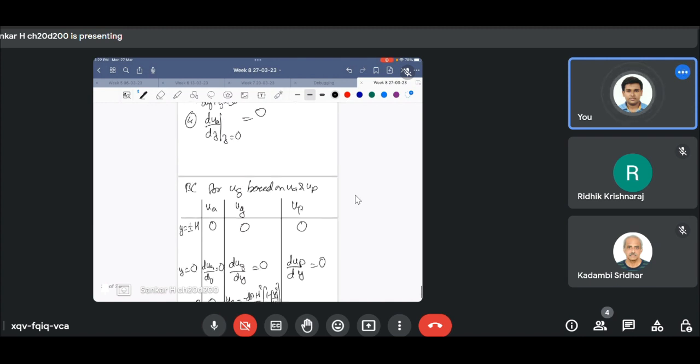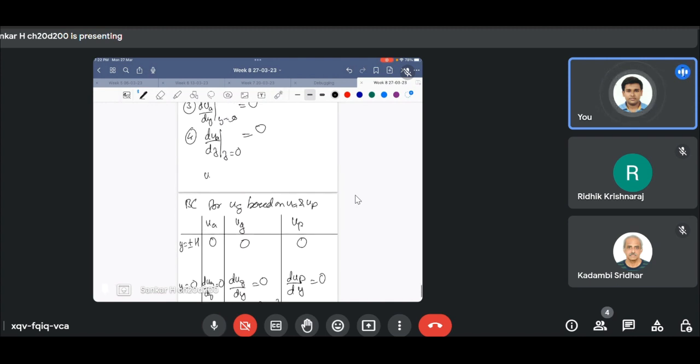We know that the actual solution is the general solution plus the particular solution, which means that the particular solution must be the actual solution minus the general solution. Therefore, the particular solution at any point must be equal to the actual solution at that point minus the general solution at that point.